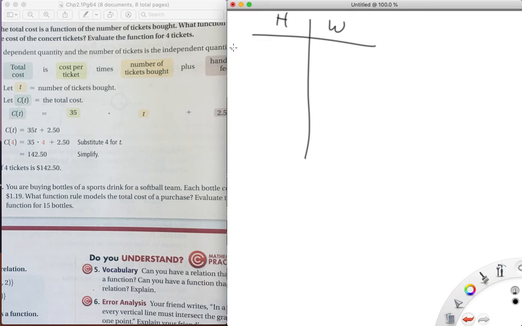I have a bottle. I'm trying to buy sports bottles, so I'll put B for bottle. It costs $1.19 each. That each is important. Each is usually the clue that I'm multiplying. And they want to find the cost. What is the cost for 15 bottles?